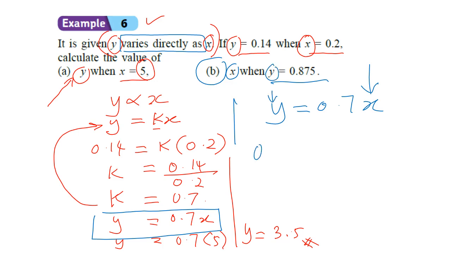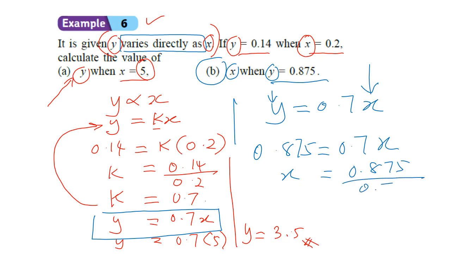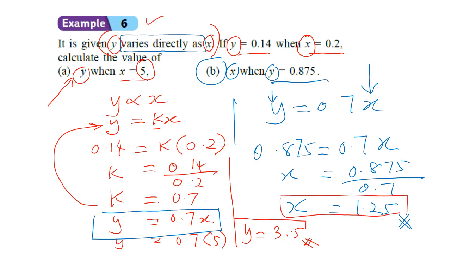So 0.875 equals 0.7x. So x is 0.875 divided by 0.7. x is 1.25. So you have answered your x. What is your x? This one. What is your y? This one. Okay, done.